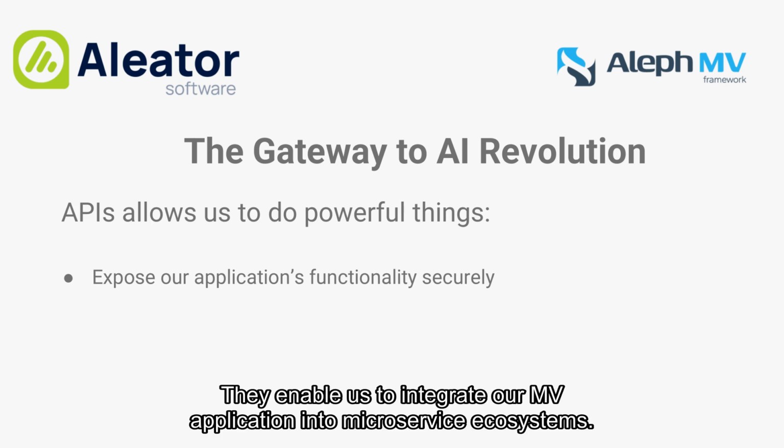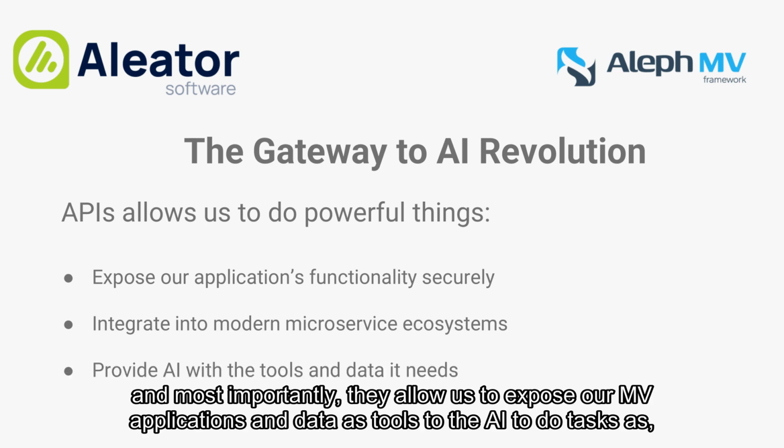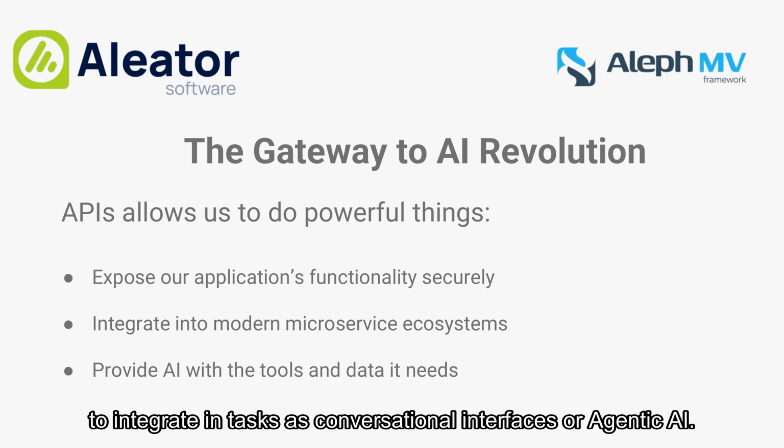They enable us to integrate our MV application into microservice ecosystems, and most importantly, they allow us to expose our functionality and data as tools to the AI, to integrate in tasks as conversational interfaces or agentic AI.